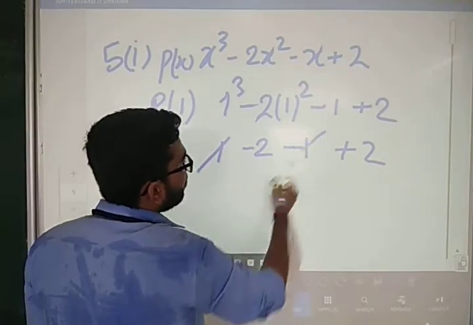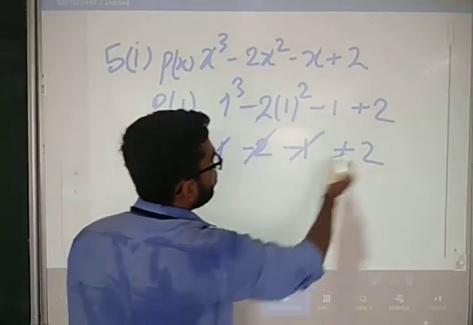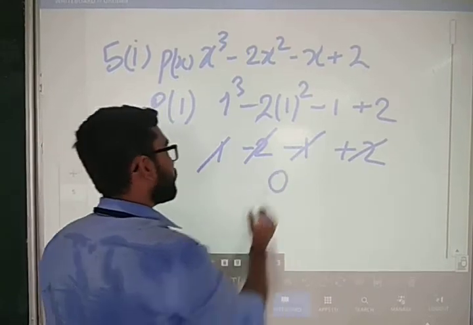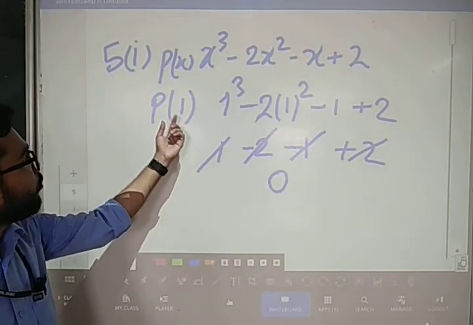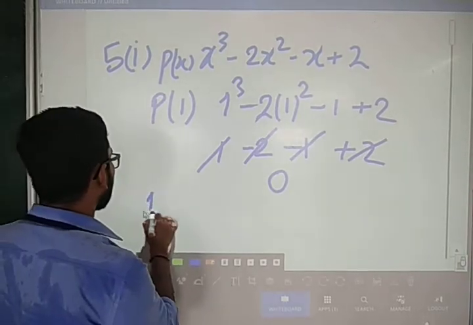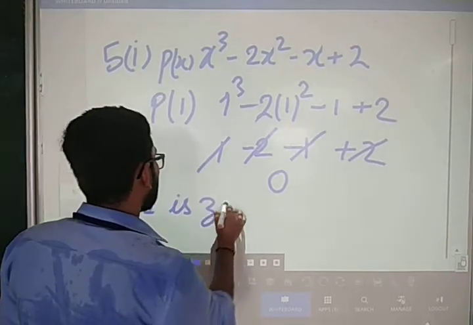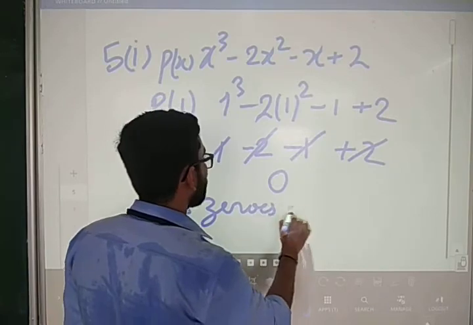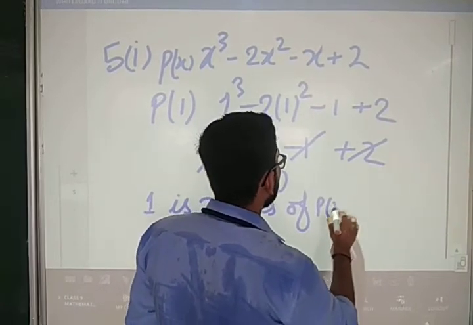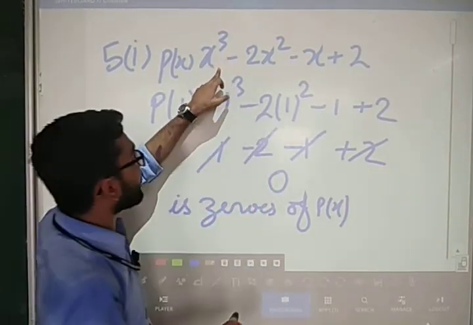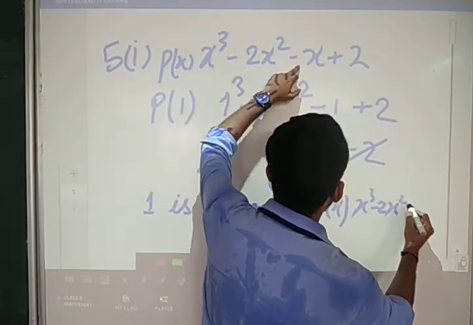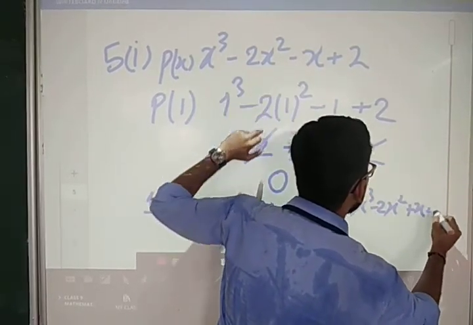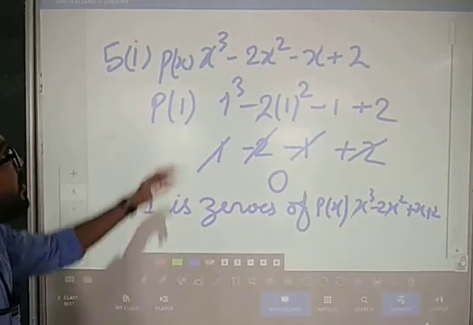So plus 1 minus 1 is equal to 0, minus 2 plus 2 is equal to 0, so the value is equal to 0. So here I have taken 1, so 1 is the zero of polynomial p(x), where p(x) is x cube minus 2x squared minus x plus 2.